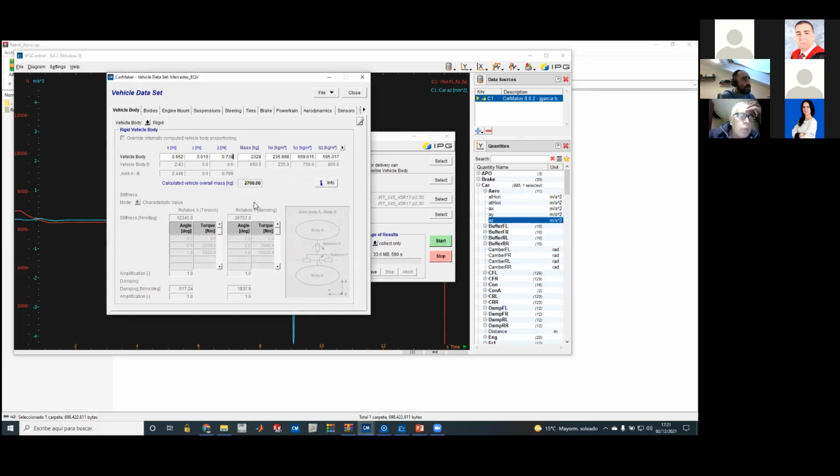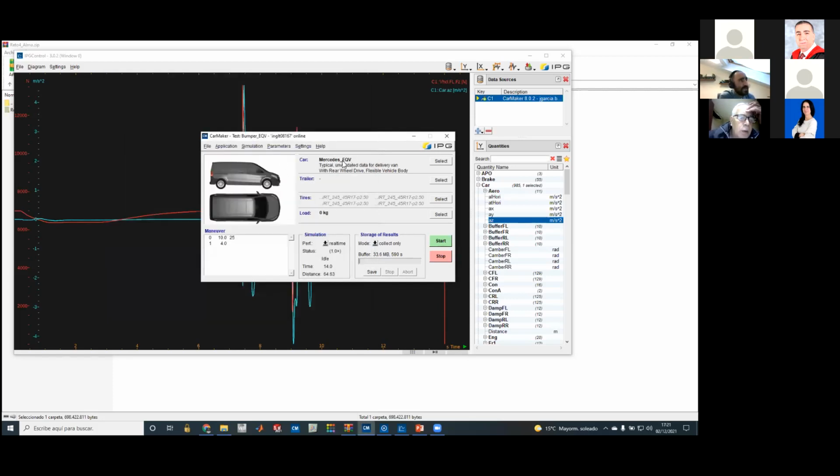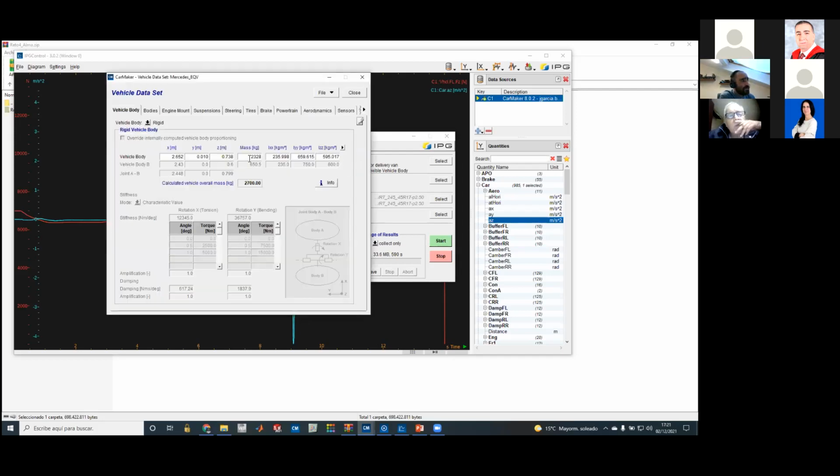For example, here we are going to simulate a family minibus, a Mercedes V class. What do I need to do for developing my model? Let's use the overall mass of the vehicle, compute the inertia properties of the vehicle, and locate the center of mass of the vehicle.